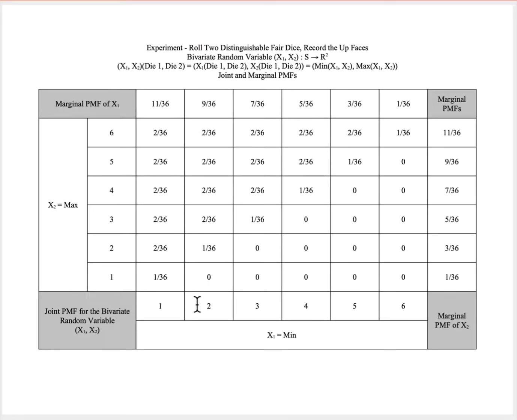Now conditioning on x1 being equal to 2. If x1 is equal to 2, then the only values that x2 can take on would be 2 through 6. To get the values taken on by the conditional PMF of x2 given x1 equal to 2, with marginal 9 over 36, we divide these joint probabilities by this marginal probability.